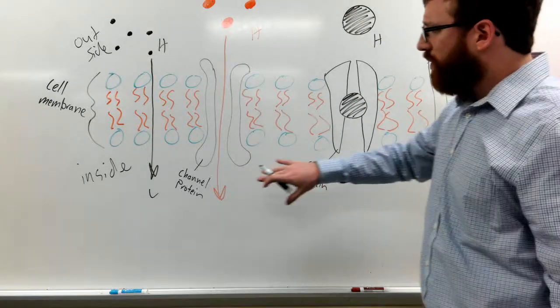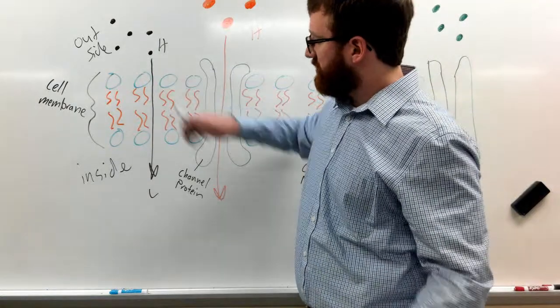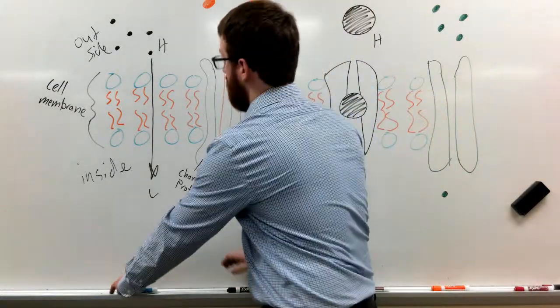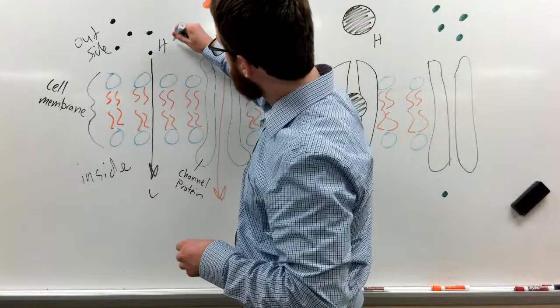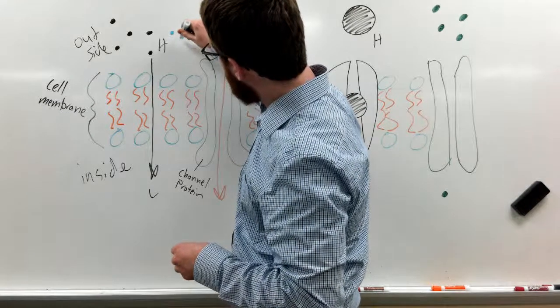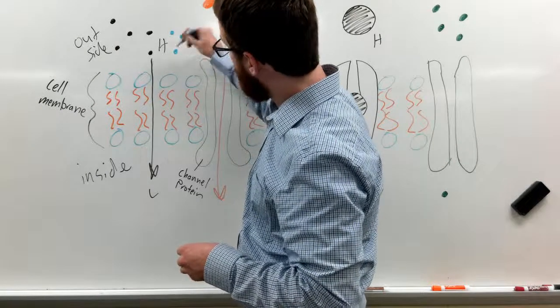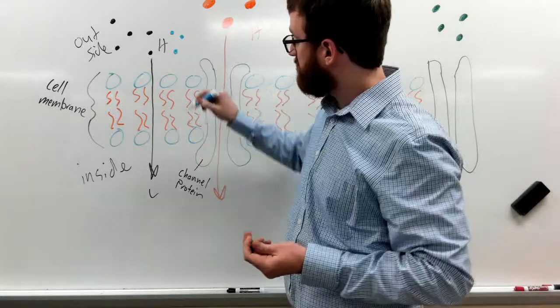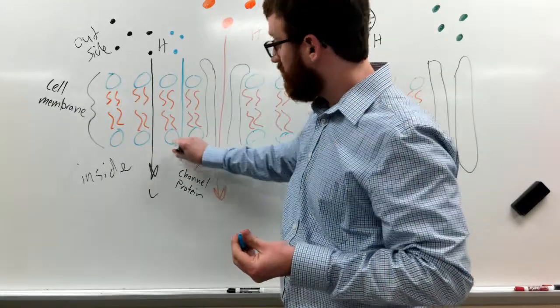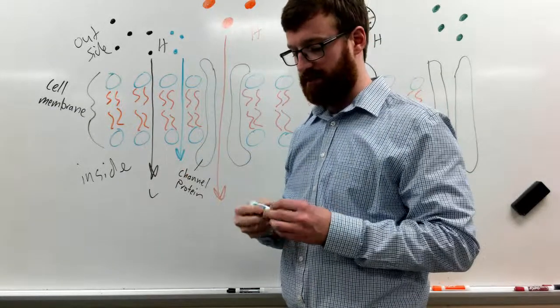Okay? So all of this is just simple diffusion. Now, some of these little molecules might be water as well. If those are water molecules and they go into the cell, that's called osmosis, because water is very special.